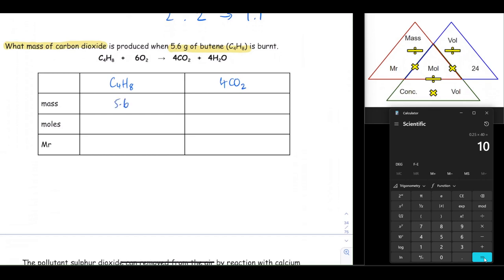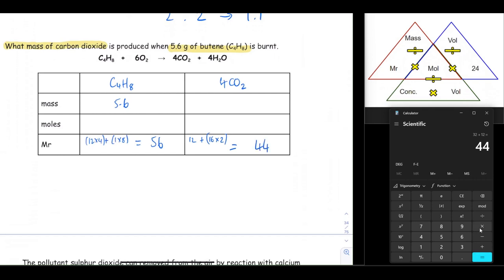My relative molecular mass is 12 times 4 plus 1 times 8. So 12 times 4 plus 8 gives me 56. And carbon dioxide is 12 plus 16 times 2, which gives me 44.